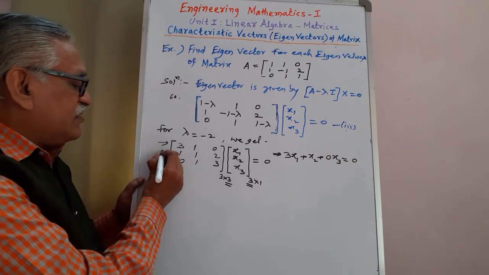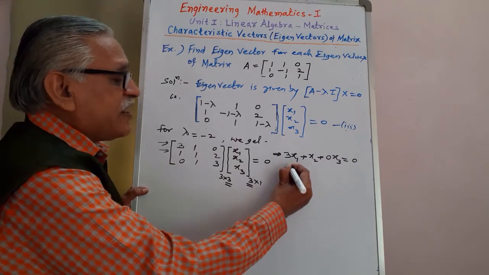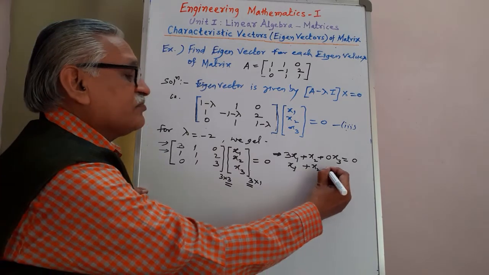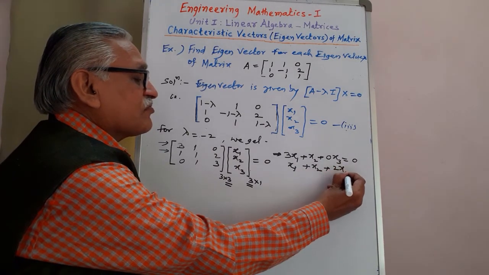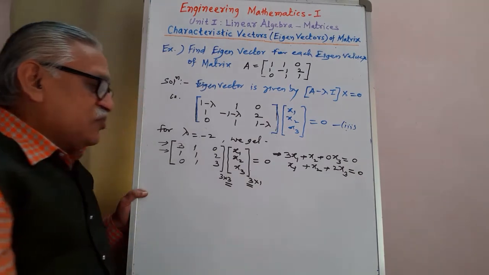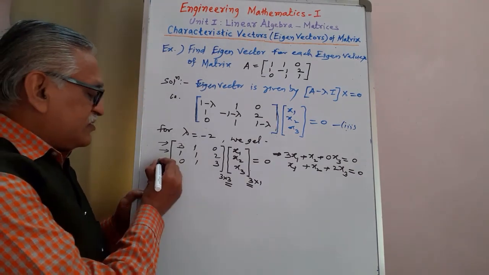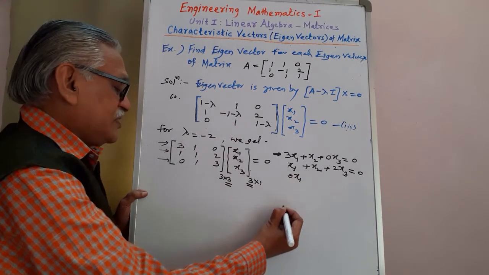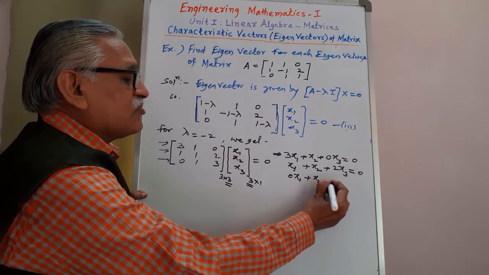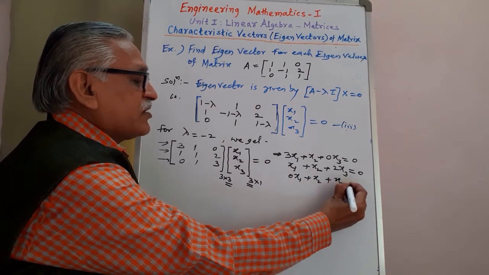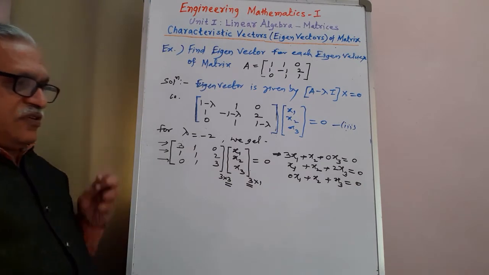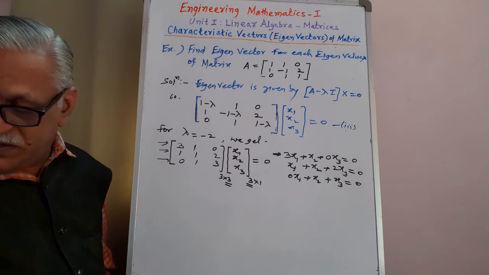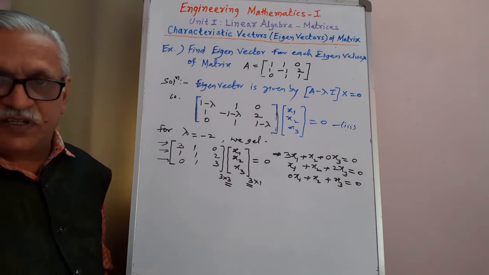Then by the second row, we get x1 plus x2 plus 2x3 equals 0, and then by the third row we get 0x1 plus x2 plus x3 equals 0. And then we have to solve these equations simultaneously to obtain the non-zero solution.